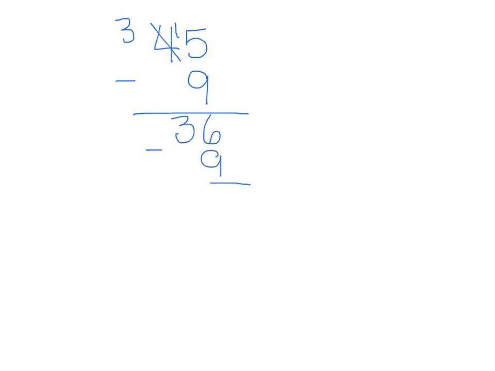If we had 45 pieces of candy and we were sharing them with 9 students, I'm going to need to subtract 9 each time. When I look at 5 minus 9, I need to regroup, and I get 36. I'm going to take 9 away to get 27. I'm going to take 9 away again to get 18.